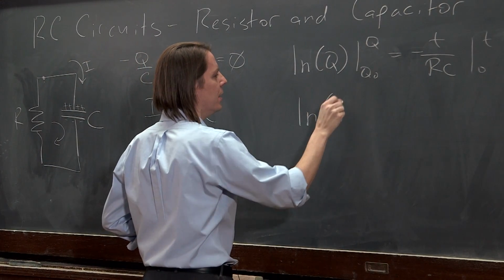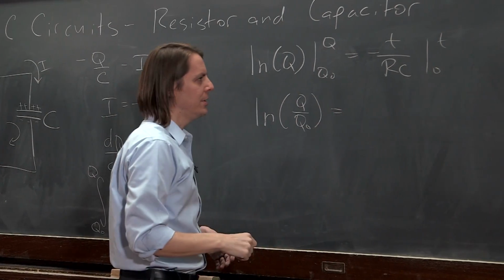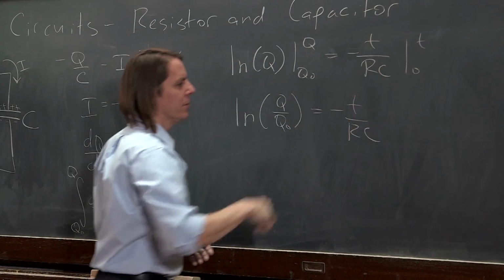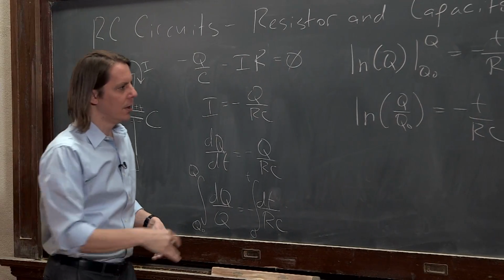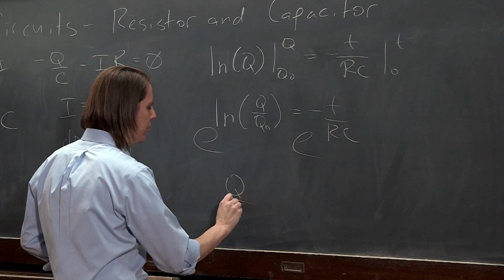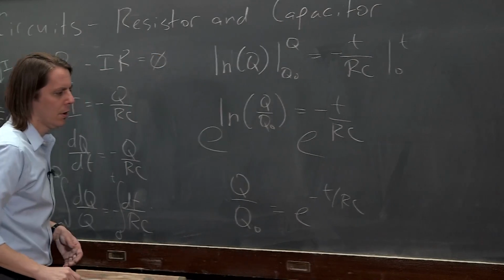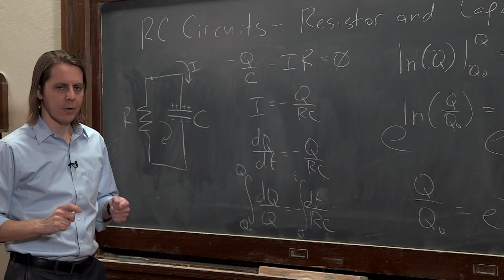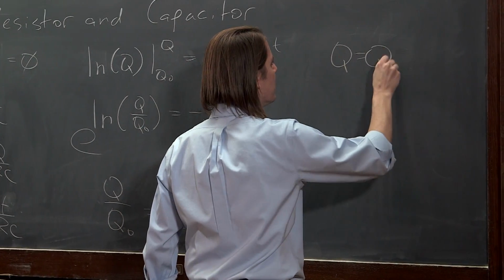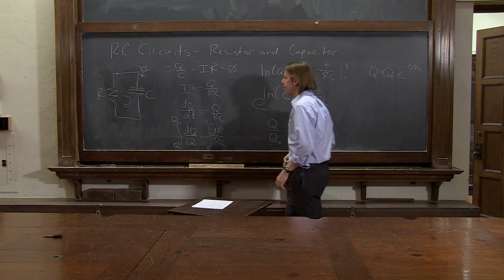So this is the natural log of Q over Q naught, like we did just a minute ago, and this is still minus t over RC, because when you plug in 0, you get 0. All right, similar, exponentiate both sides, and this becomes Q over Q naught is e to the minus t over RC. All right, so then we solve that for Q, and here is your Q as a function of time, the charge on the capacitor: Q equals Q naught e to the minus t over RC.